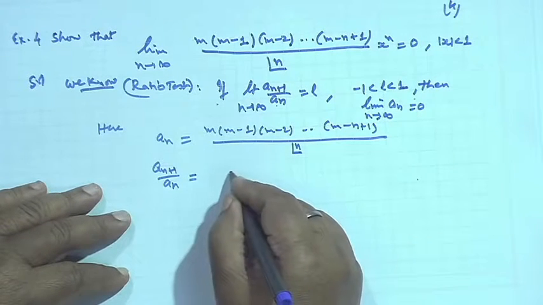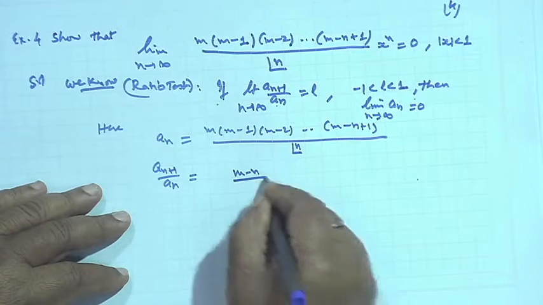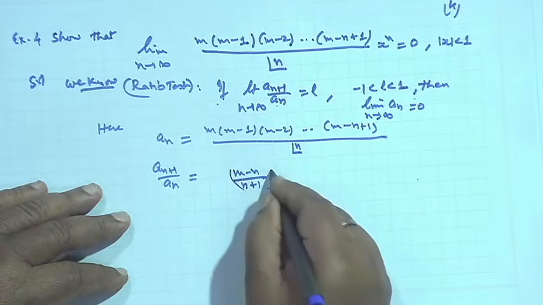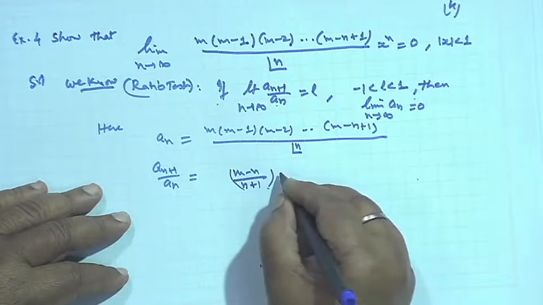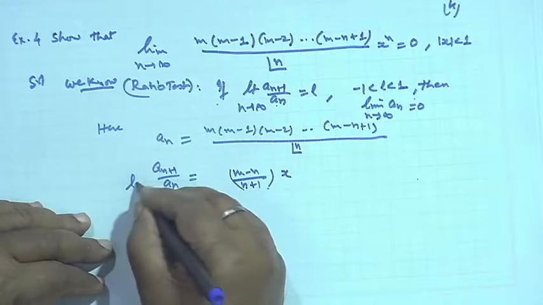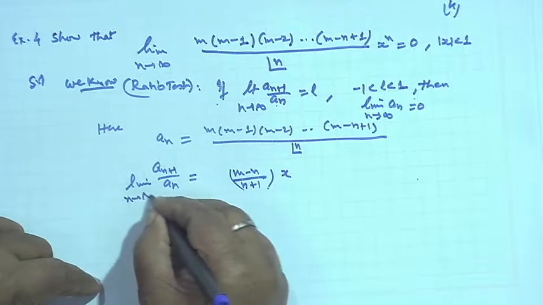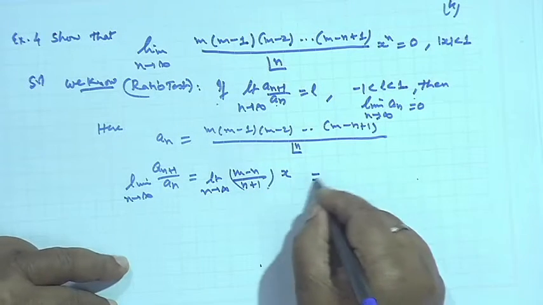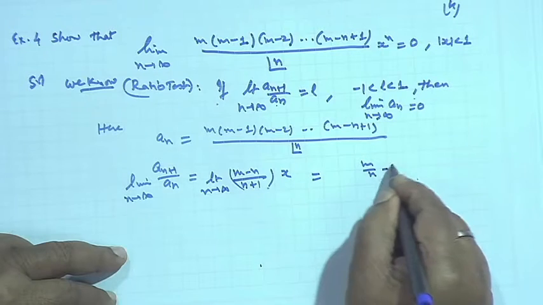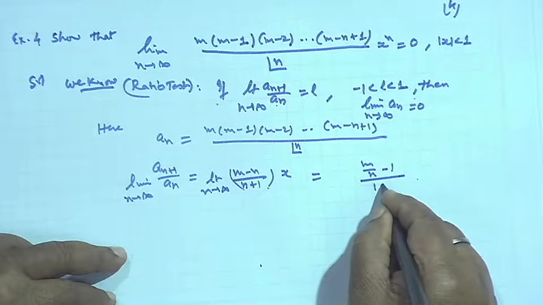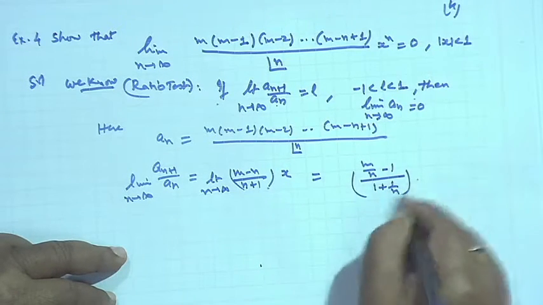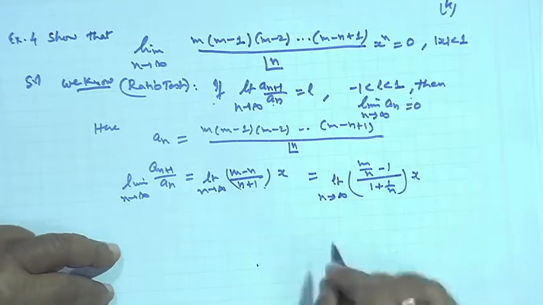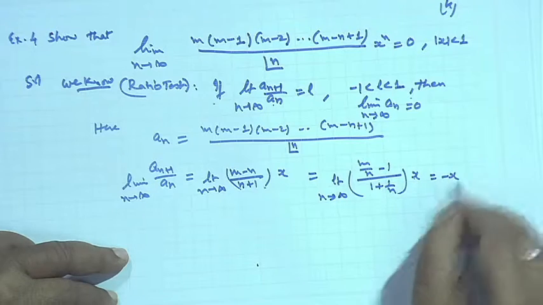If I divide, we get (m-n)/(n+1) times x, and then take the limit as n tends to infinity. This limit will be (m/n - 1)/(1 + 1/n) times x, which comes out to be minus x.